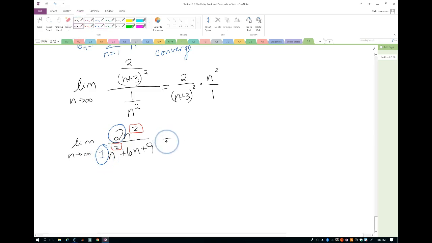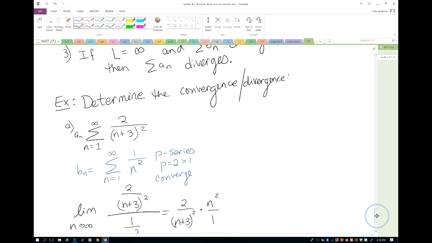So this limit is 2. And that's perfect, because anytime we get a value between but not including 0 and infinity, that means the series that we chose is going to dictate what the original one does.